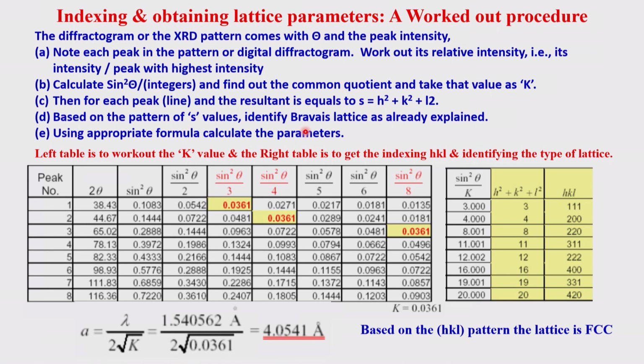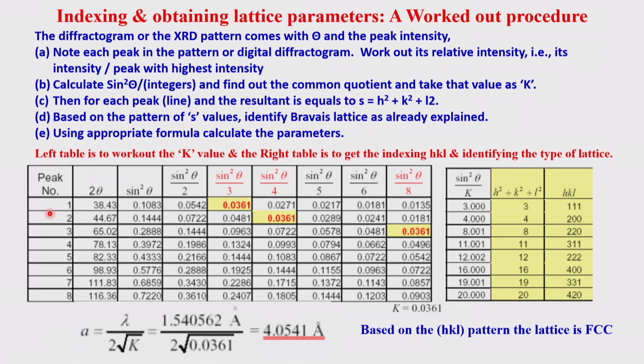Absent is different from present and weak. Weakly present is not the one which is important in crystallography. Therefore, you need to identify those which are absent absolutely, and based on the absentee criteria you can work out the Bravais lattice, which I have shown you earlier. Using the appropriate formula, you can again calculate the unit cell parameter.